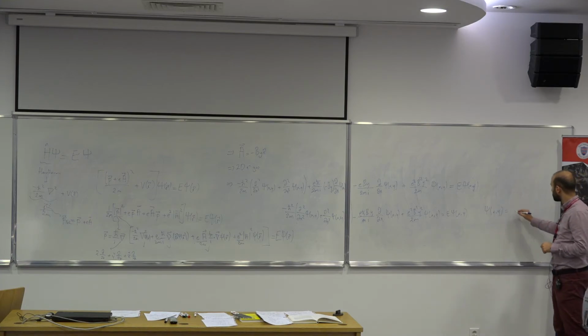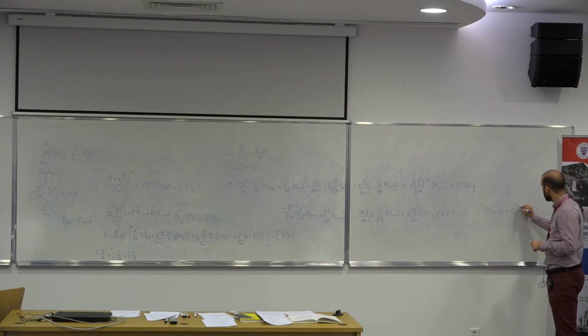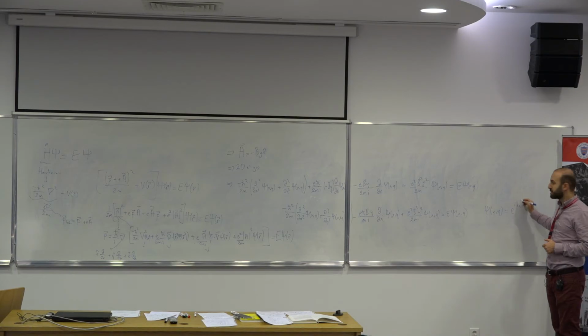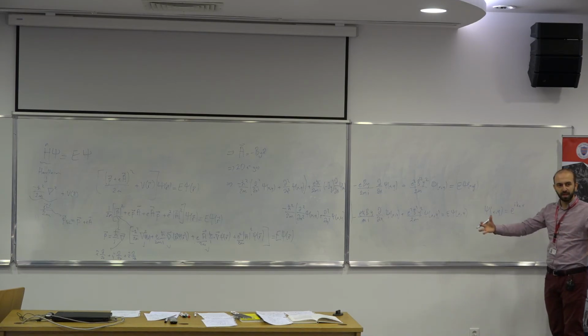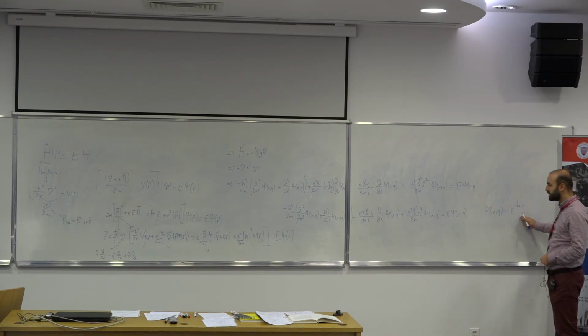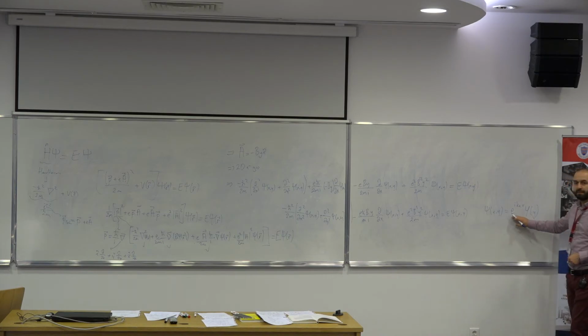So how do we treat free particles in the x direction? We define a momentum to it, and we say it's a plane wave. So I can write down this wave function as some e to the i kx x times a wave function in y.